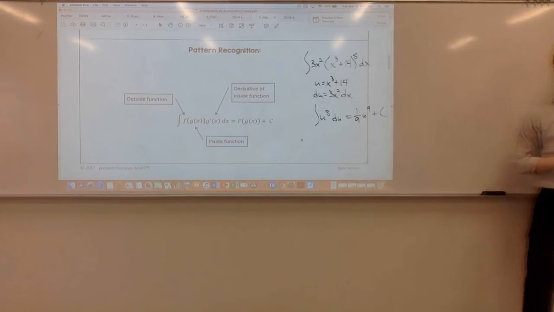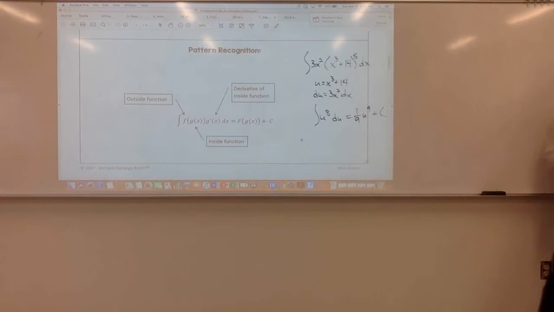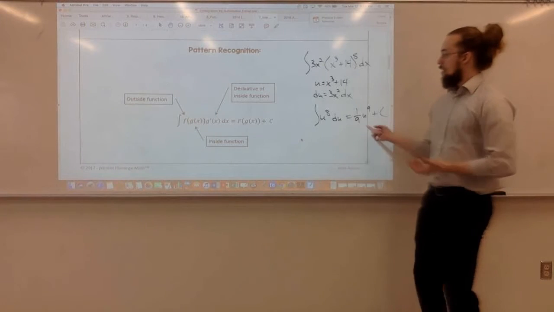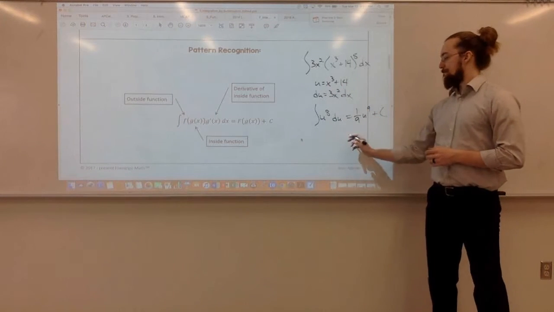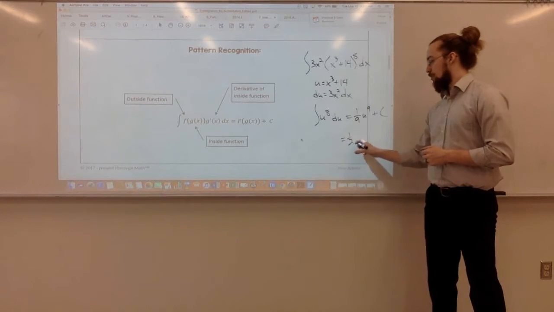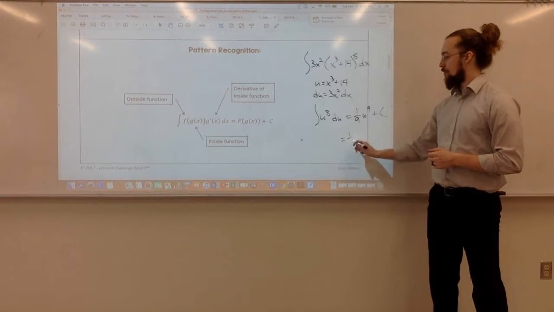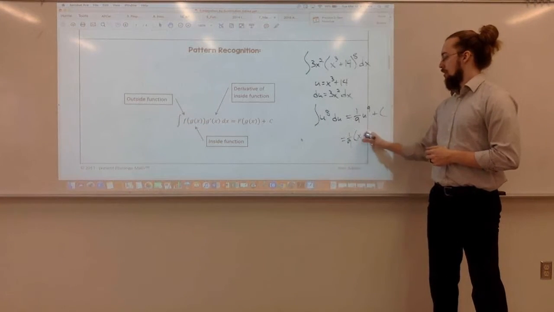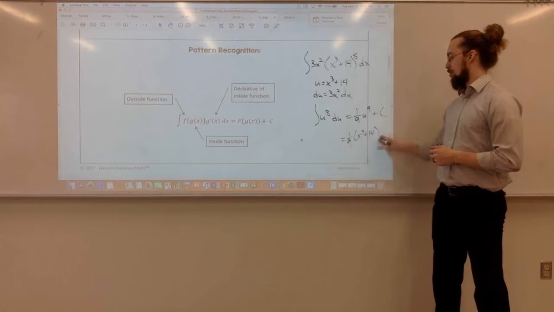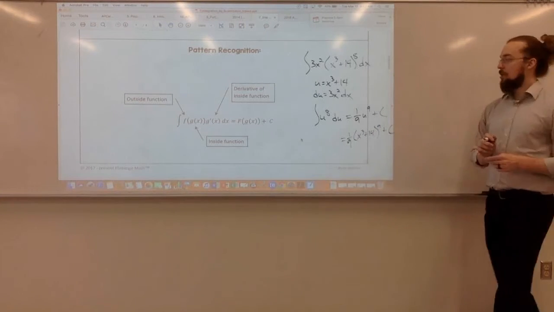U to the 9th over 9 plus c. And then the final step is just plugging u back in. So the actual antiderivative would be 1/9 x cubed plus 14 to the 9th power plus c.